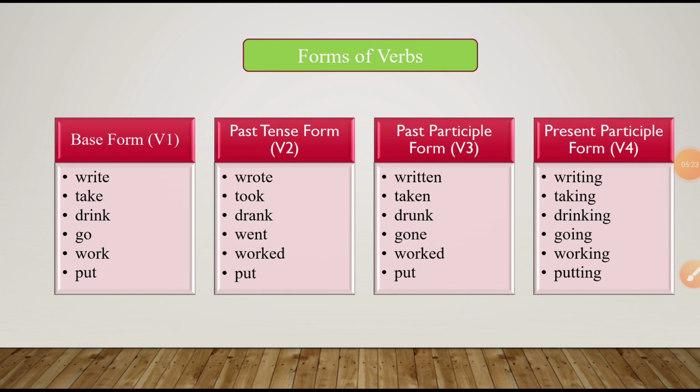For better understanding, we will call base form as verb 1, past tense form as verb 2, past participle form as verb 3 and present participle form as verb 4.